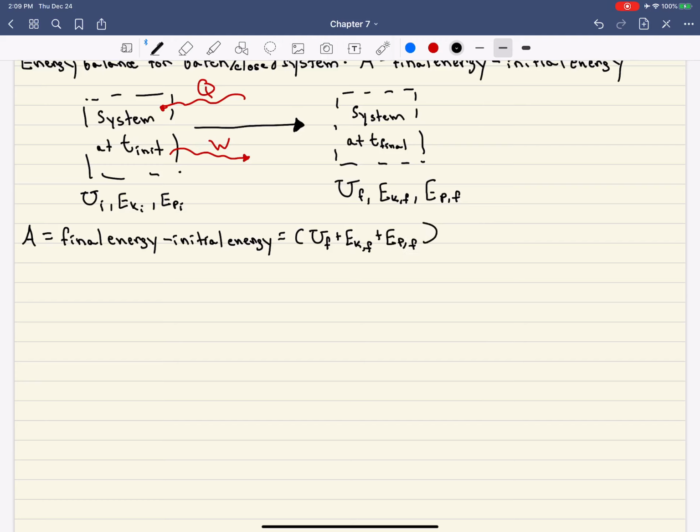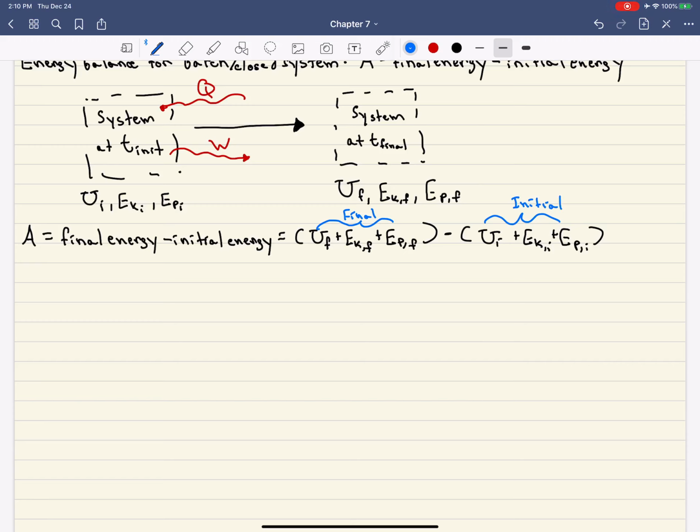Alright, that's the sum of the energy in our system. The initial energy is just going to be the same sort of thing, Ki and then Epi. So just to highlight it, final, and then this is initial.